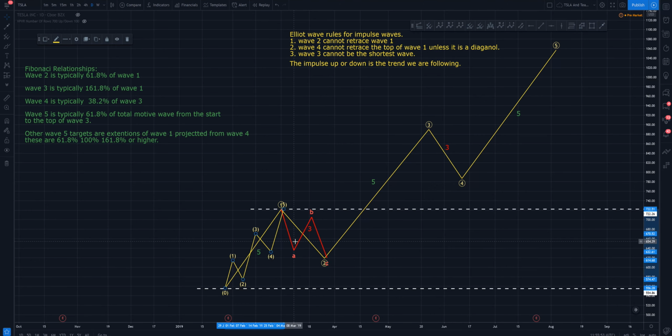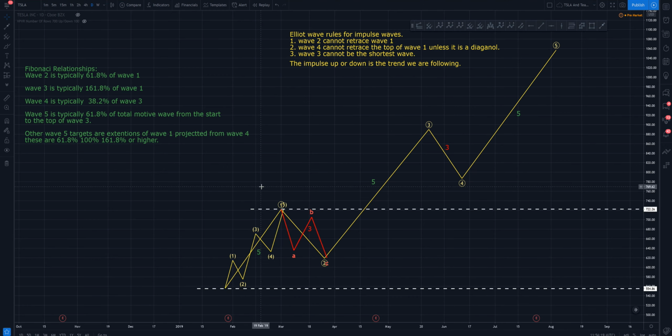These will be labelled differently from our motive waves, which are labelled using numbers. Our corrective waves are labelled using letters. Now, you may have noticed that the numbers on the impulse wave that we're looking at are circled 1, 2, 3, 4, 5. But the numbers in our subwave are bracketed 1, 2, 3, 4, 5.